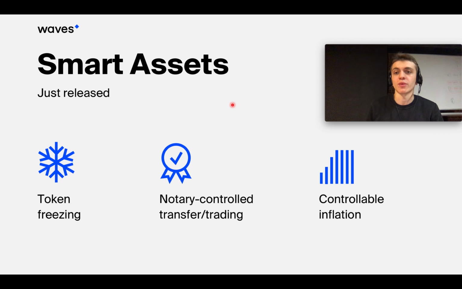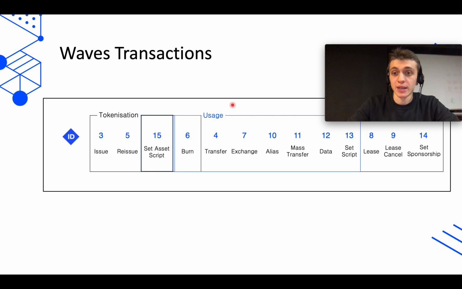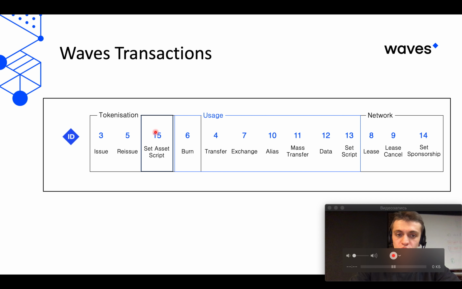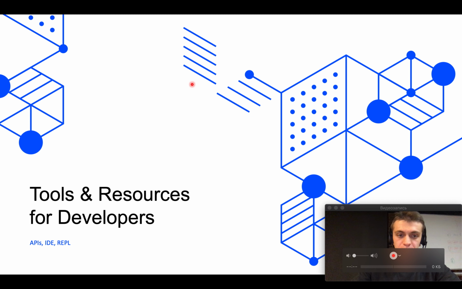To make your asset smart, you have to send a special type of transaction, set asset script. As you can see, there is a set script transaction if you want to make your account smart, and there is a set asset script transaction which allows you to make your asset smart.